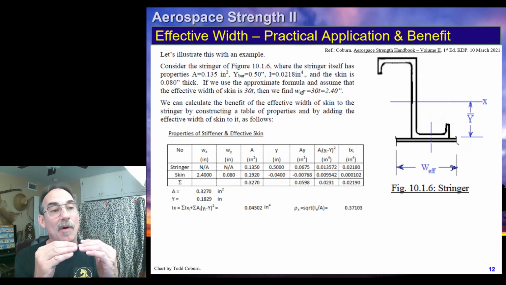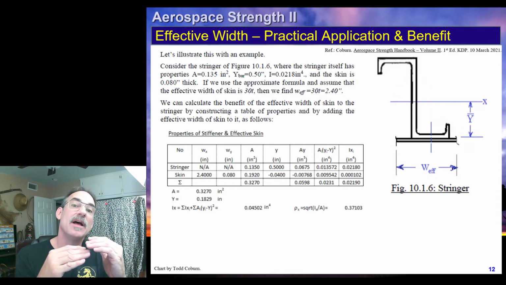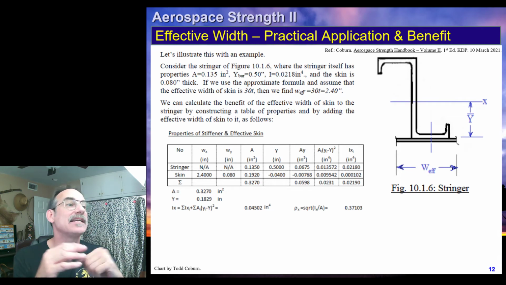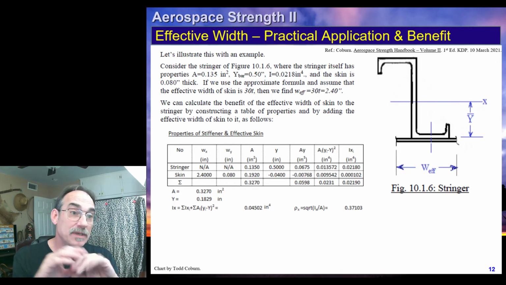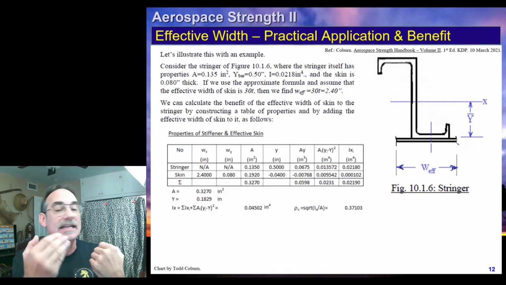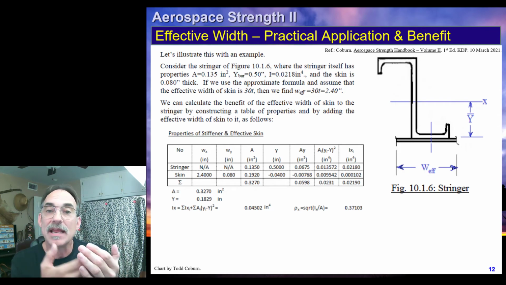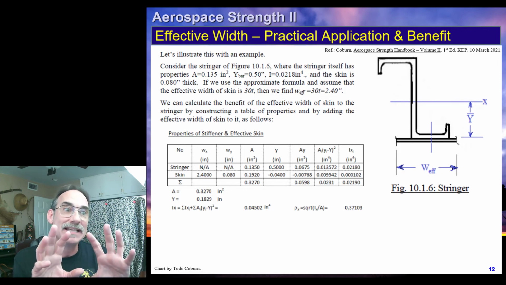Therefore, the skin Y bar is at half the thickness below my origin of the y-axis. And then I calculate the 1/12 BH cubed or BT cubed stiffness of the skin, and I can calculate my new properties, my new area, my new Y bar, my new I of the combined section.